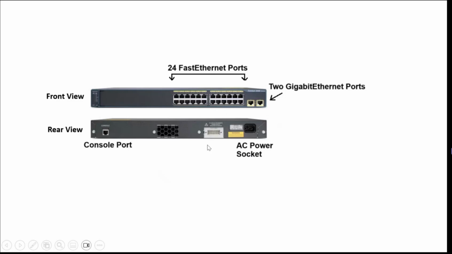You can also see there is a console port and an AC power socket at the rear of this switch. The console port is used to connect a rollover cable for direct management from a PC, and the AC power socket is used to connect the power adapter.